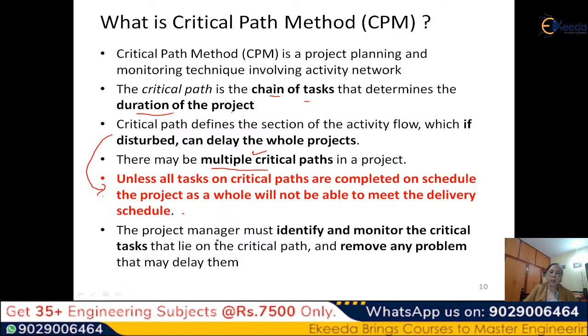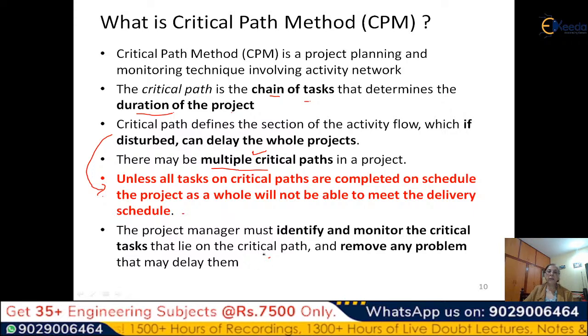The project manager must identify and monitor the critical tasks that lie on the critical path and remove any problem. All hurdles, all risks, all difficulties, constraints have to be removed. Best resources have to be given so that they will not be delayed.